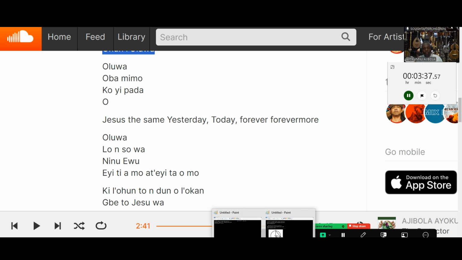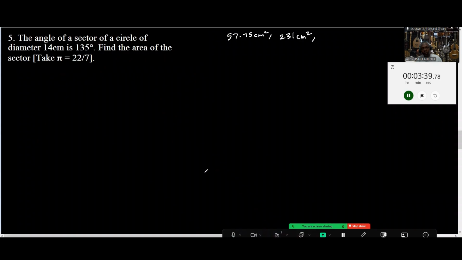All right, let's look at it together. It's the angle of a sector of a circle, diameter 14. Find the area of sector. So still on the area of sector, we have A equal to theta over 360 times pi r square.